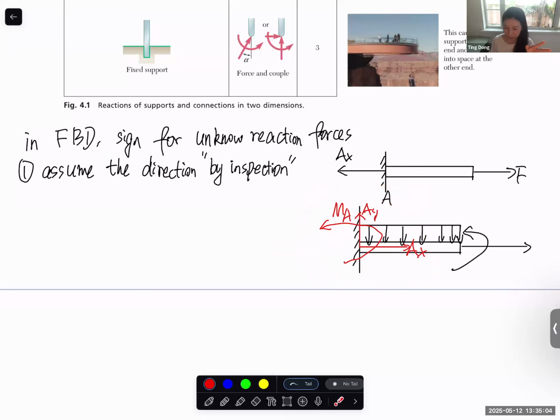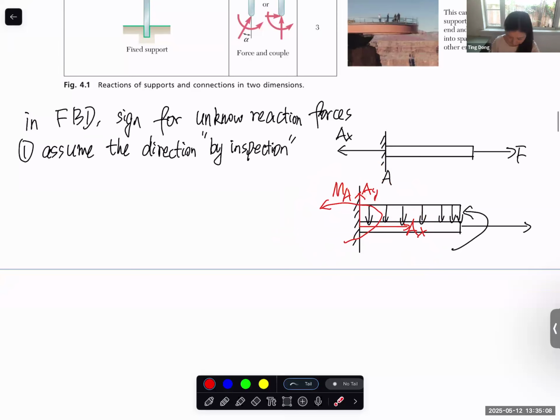If you get a positive value, it means that it should be the same as what we assumed at the beginning. So this is for a more complicated situation. If we cannot determine the reaction force direction just by inspection, we put everything in the positive direction and do the calculation.